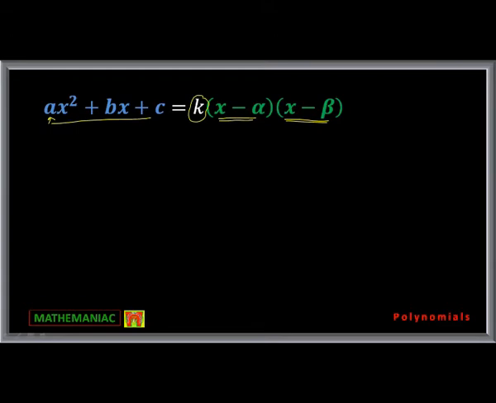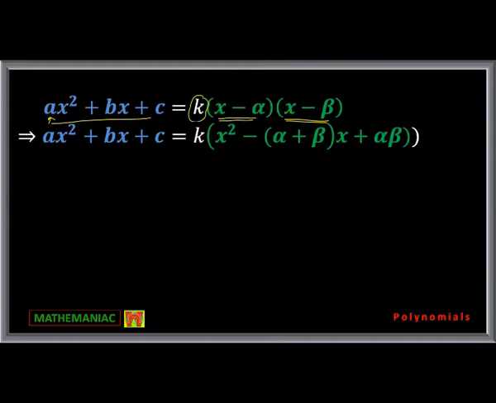Now if we go for the next step, I did not do anything on the left side, only this particular part has been expanded. Then we'll compare. Now you see what is the coefficient of x square: a here, and what will be the coefficient of x square if you multiply by k.